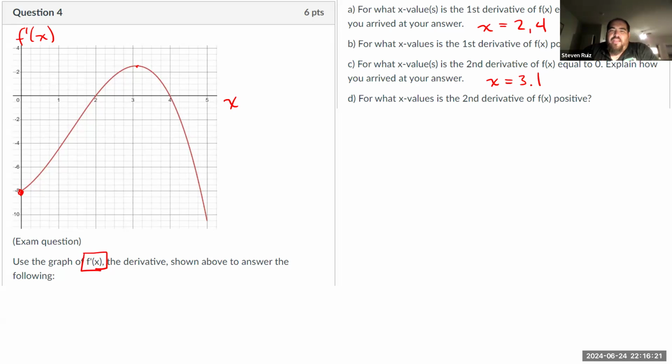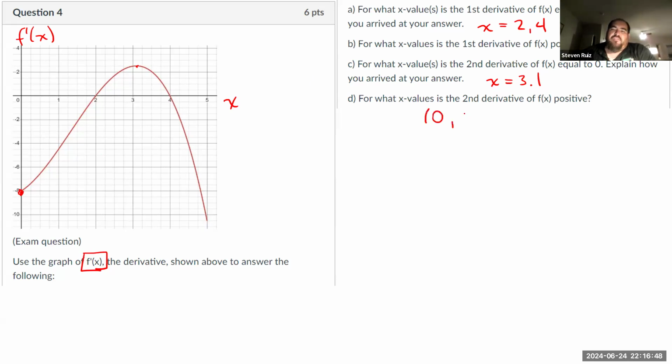And then next, for what x values is the second derivative positive? So the second derivative of f is going to be the same as the first derivative of f prime. So I want to know where the first derivative of this graph is positive, and that's going to be where this graph is increasing. And I think that happens everywhere from the far left of this graph up to that maximum.